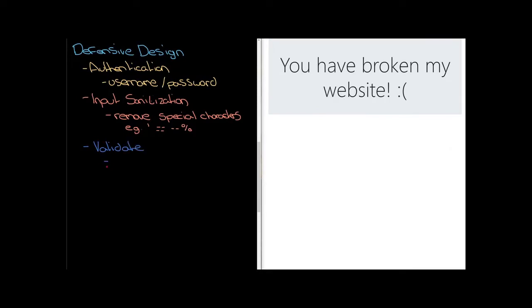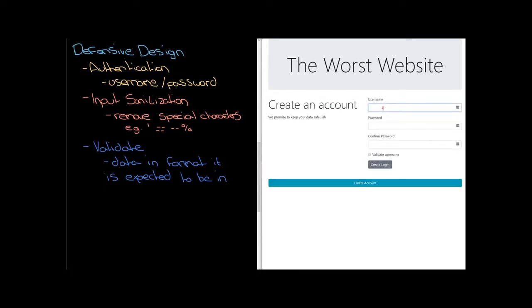So I've got this idea of input sanitization, but I also need to make sure I validate all my input as well. And this is just purely checking that data is in the correct format, the format that you expect it to be in. You know, if you ask somebody for their age, you probably assume that a lot of people type in the number, but you can be sure somebody's going to type in their age as a word, and that can crash your program.